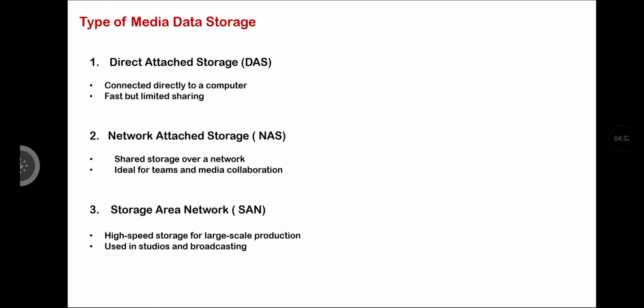Now come to NAS, the shared storage over a network, ideal for teams and media collaboration. In SAN, high speed storage for large scale production, used in studios and broadcasting.